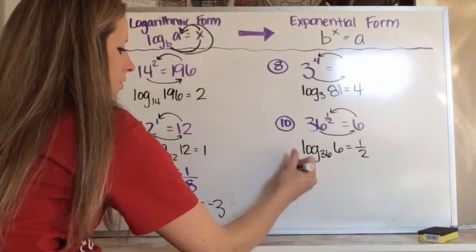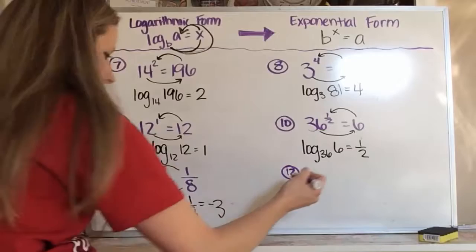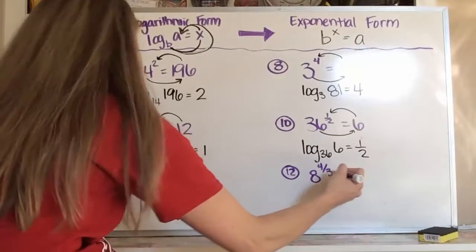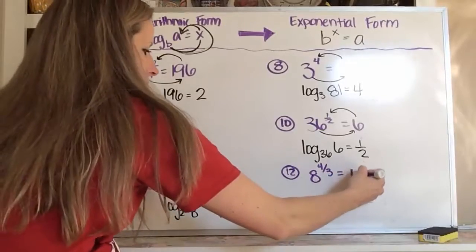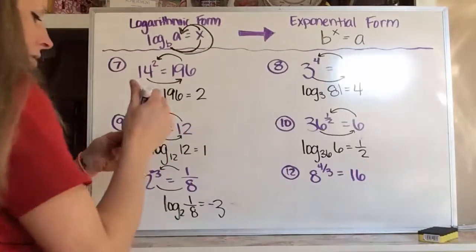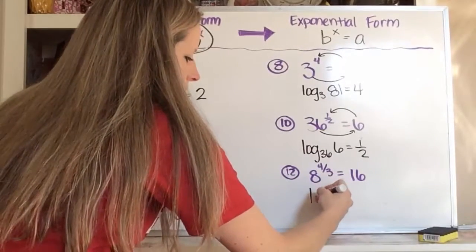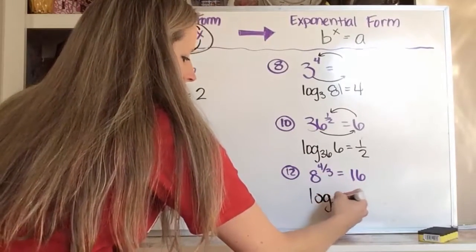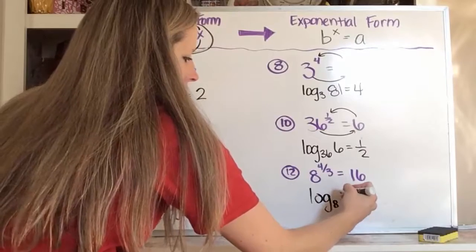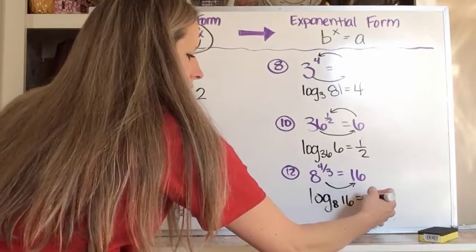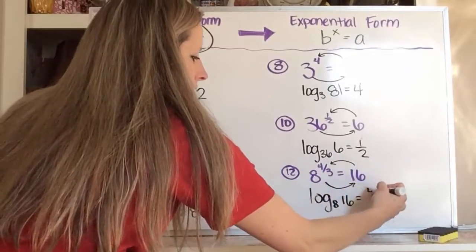On 12, I have 8 to the 4/3 equals 16. Start with my base. I'm going to have log base 8. Go counterclockwise, so of 16 equals 4/3.